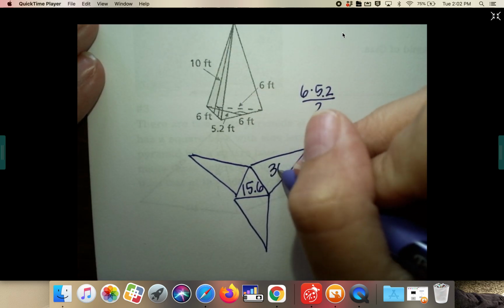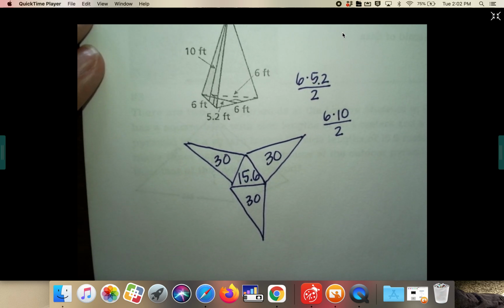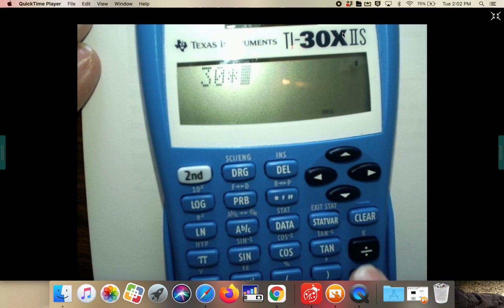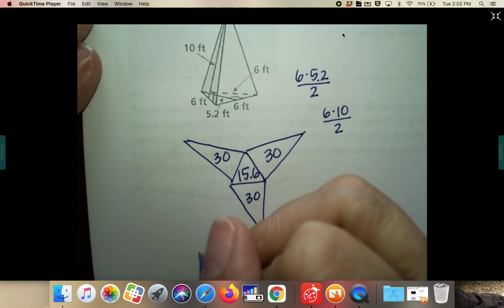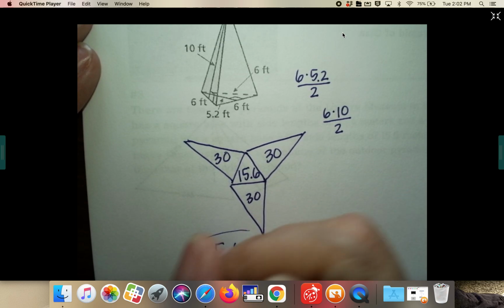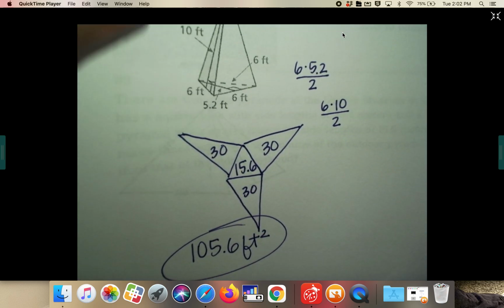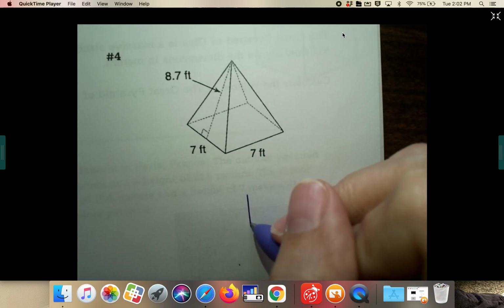So each of these area is 30, 30, and 30. All right, so then you have to add them all up. 30 times 3 plus our 15.6, grand total of 105.6 square feet.